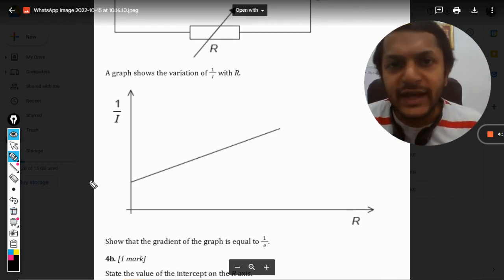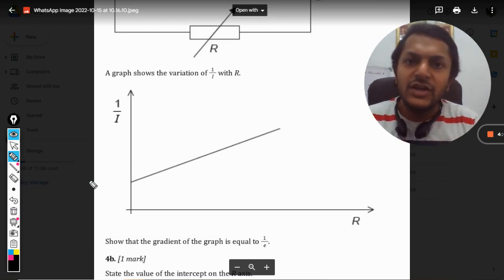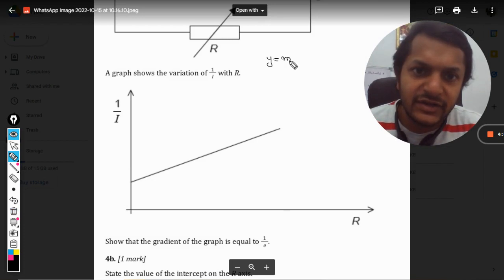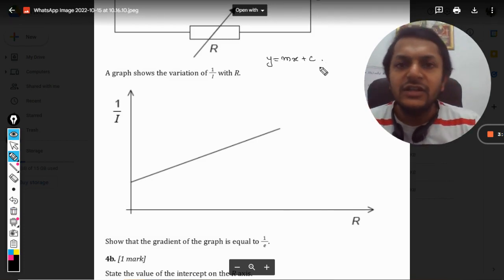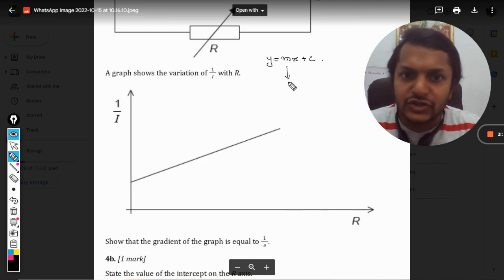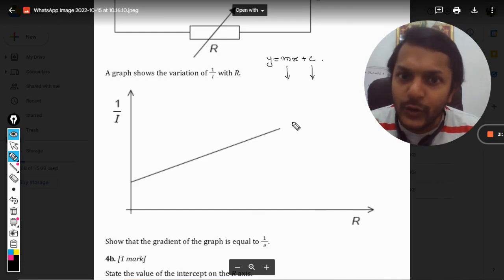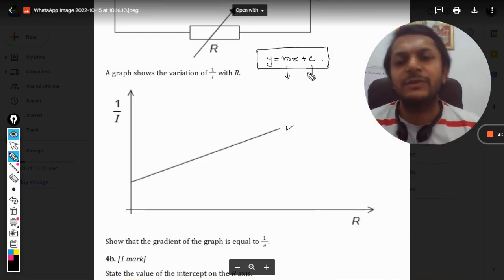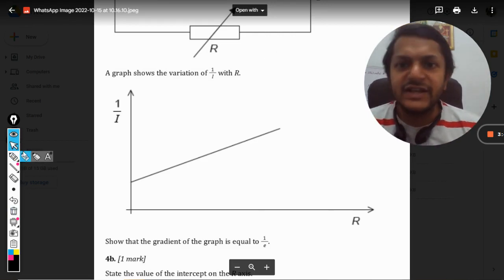From coordinate geometry in mathematics, we know that the equation of a straight line is given by y is equal to mx plus c. And whenever we want to comment on the slope or on the intercept, we need to create the equation of this line in the form y is equal to mx plus c. So it means we have to first create this equation.